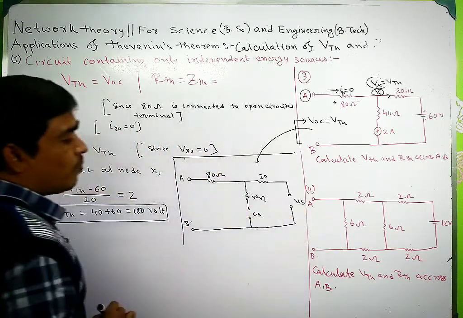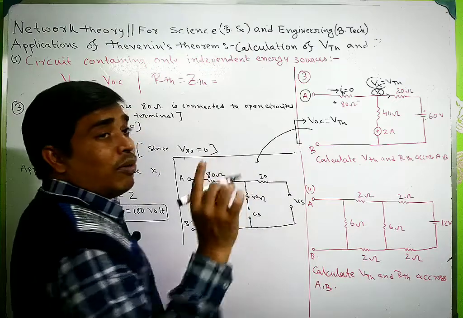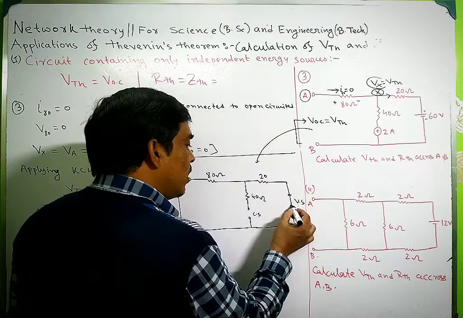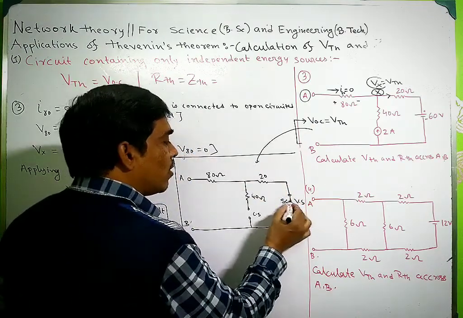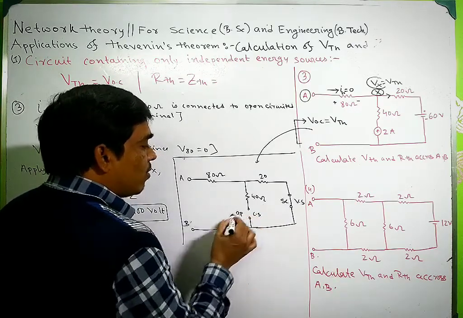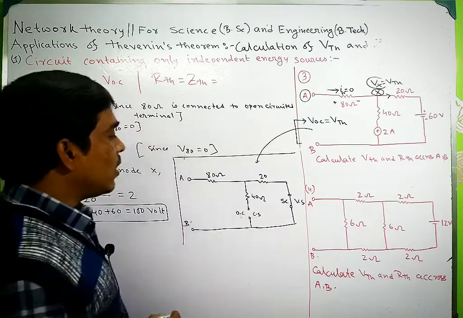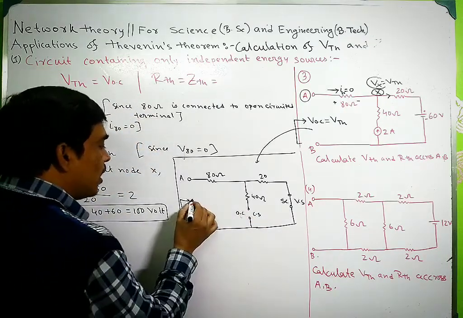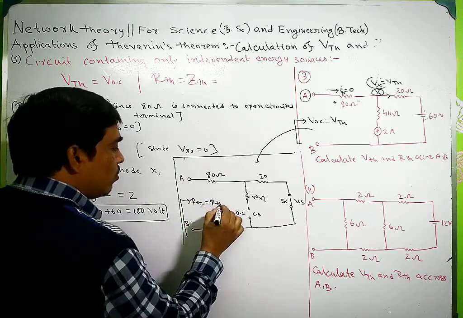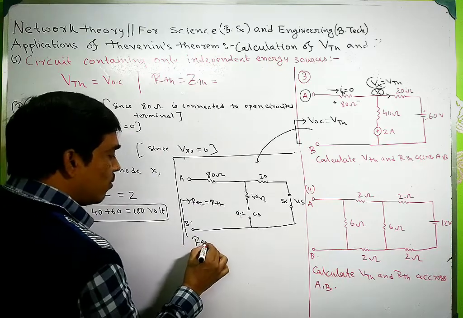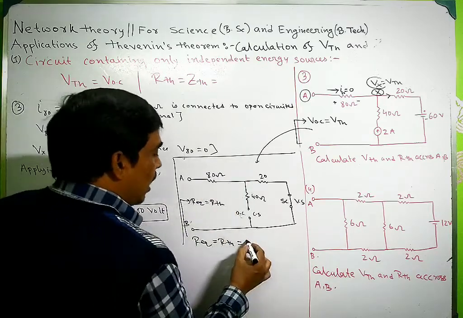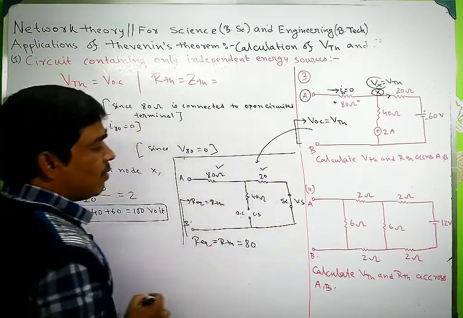The voltage source will be replaced by its internal impedance. Since this voltage source has zero internal impedance, it is short circuited, and the current source is open circuited. So you have to calculate the equivalent resistance from this point AB, which must be equal to RTH. So R equivalent equals RTH equals 80 plus 20, since these resistances are in series.